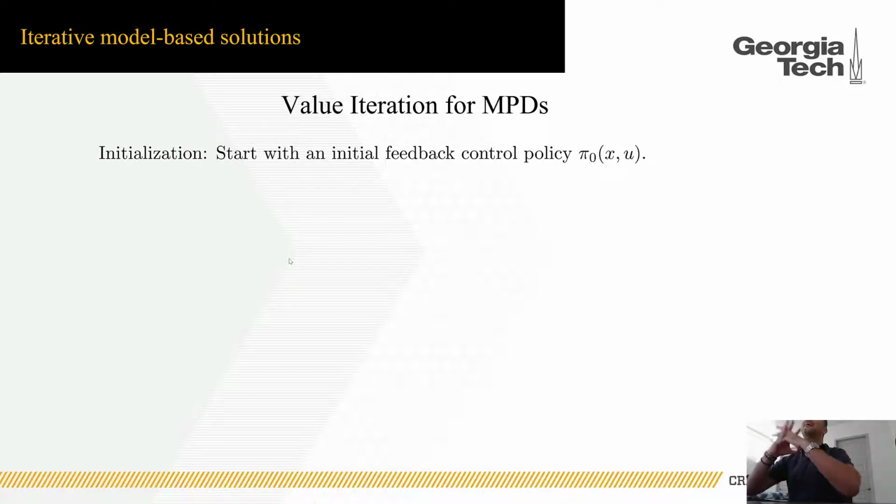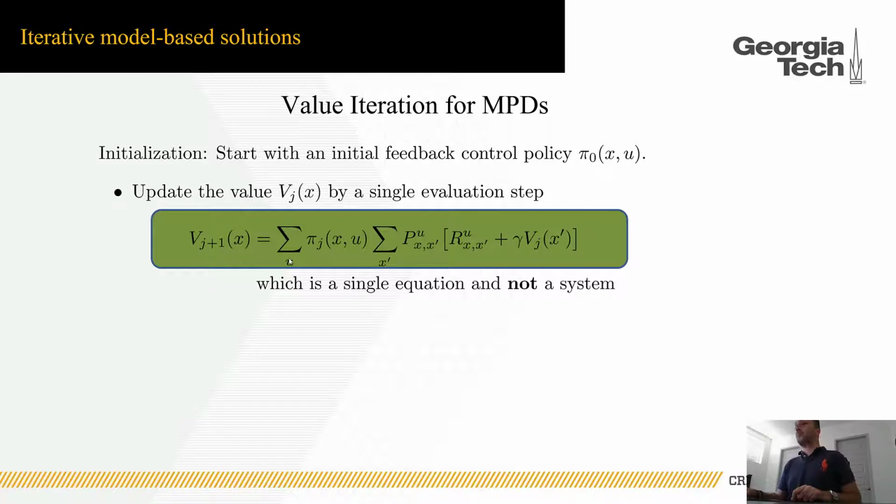So I start with any feedback policy. In value iteration, I don't really need to start with a stabilizing policy. Then what I do is, as the word says, I do iterations on the value. So this is the policy evaluation, but you see I have here j plus 1 and j.